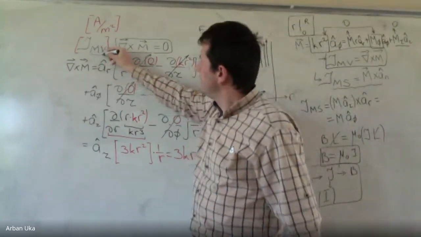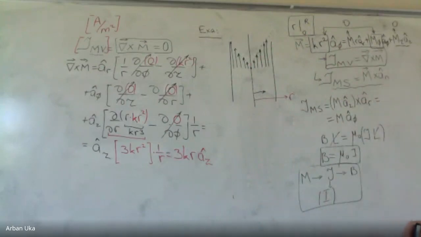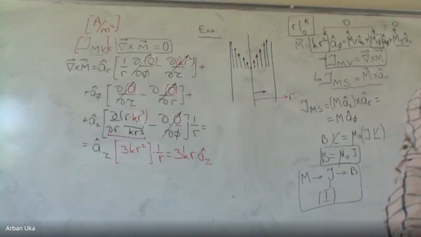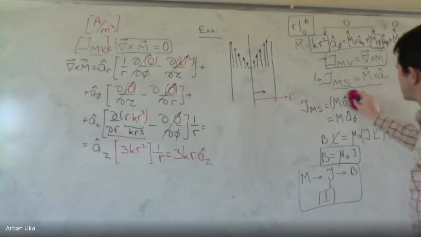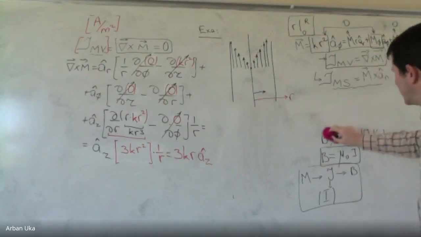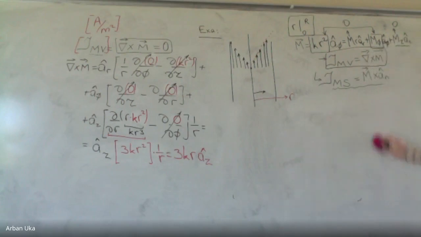Now we have to look at what the JMS is. What is the current density on the surface area? So we have to calculate a similar expression. We take M cross AN.